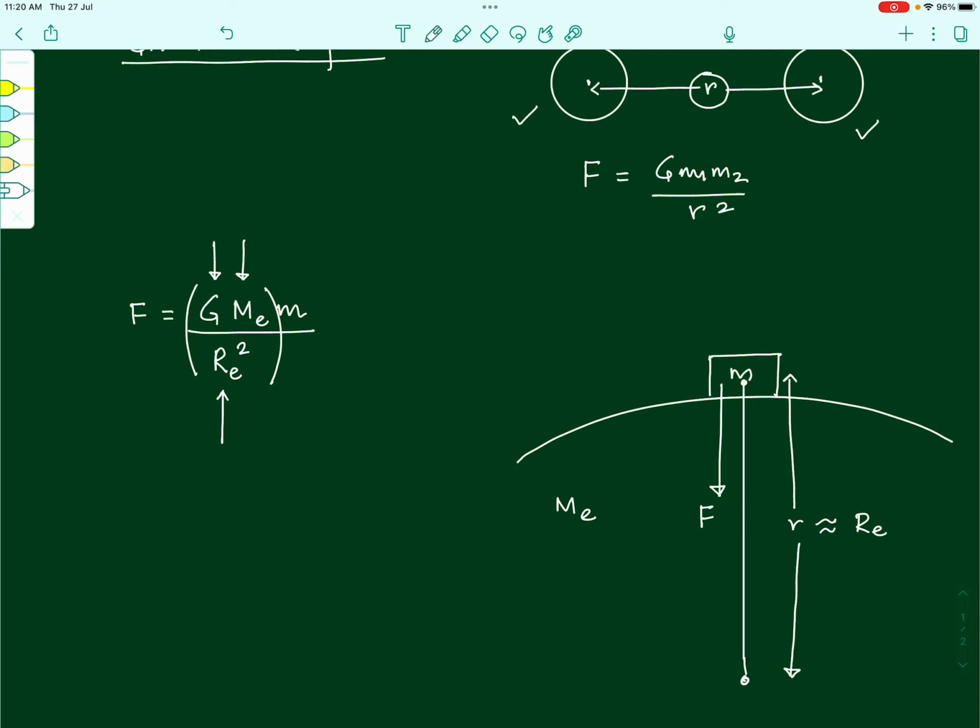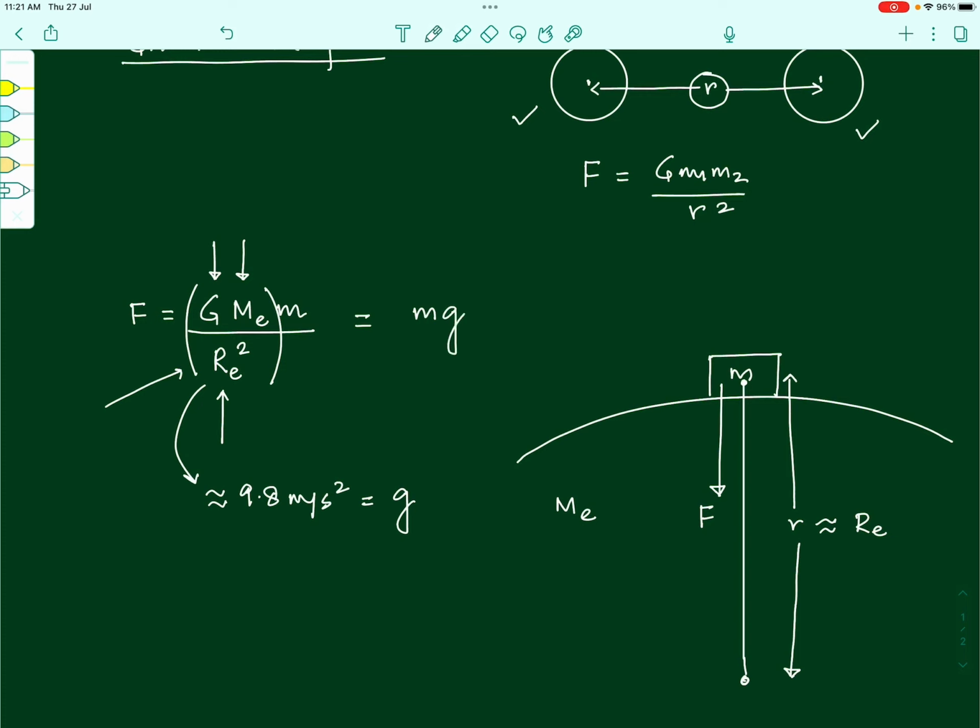When this value was calculated, it was found to be approximately equal to 9.8 meter per second squared. Yes, this was an acceleration that we got, and we call this value of acceleration due to gravity small g. And when we replace this constant with small g, the force expression will become m times g.